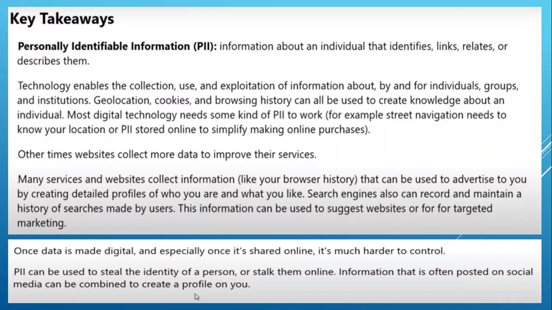Geolocation, cookies, and browsing history can all be used to create knowledge about an individual. Most digital technology needs some kind of PII to work. For example, street navigation needs to know your location, or PII stored online simplifies making online purchases.